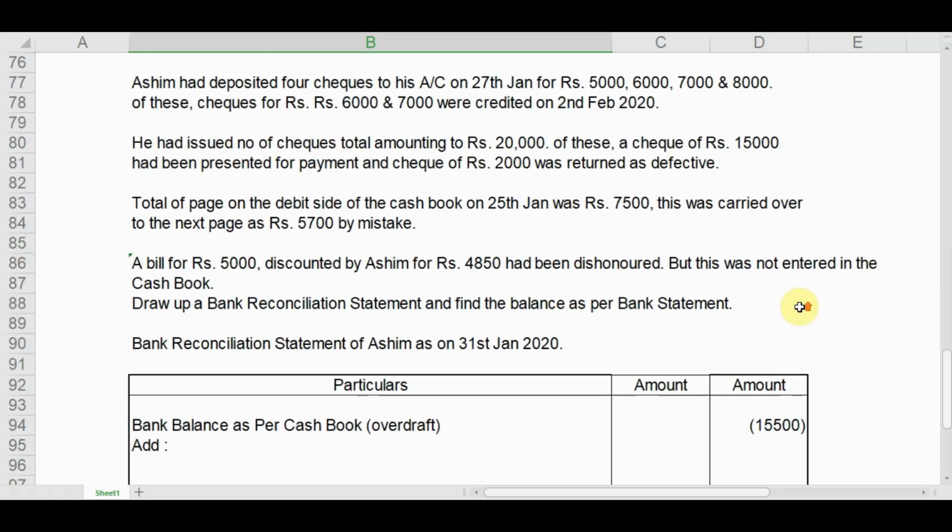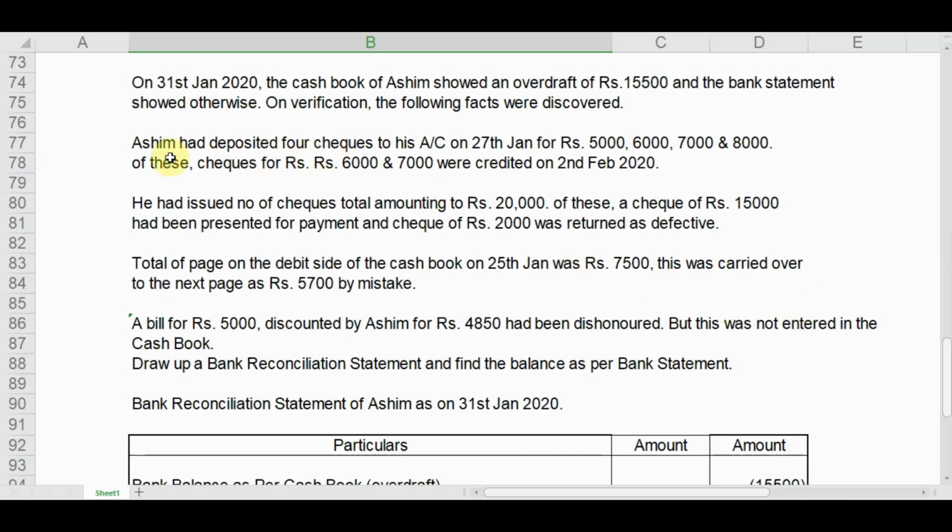Now the next adjustment. Ashim had deposited 4 checks to his account on 27 January for rupees 5,000, 6,000, 7,000 and 8,000. Of these, checks for rupees 6,000 and 7,000 were credited on 2nd February 2020.